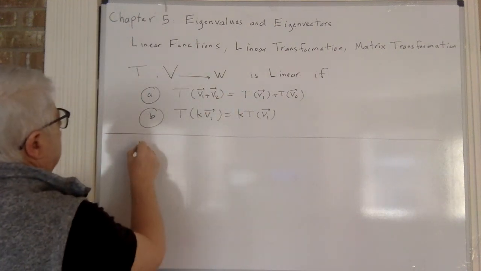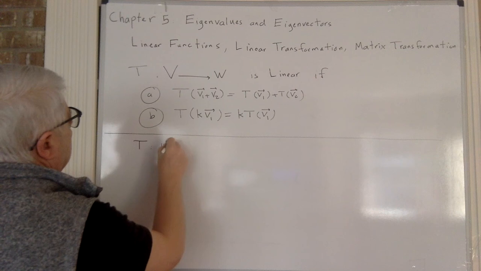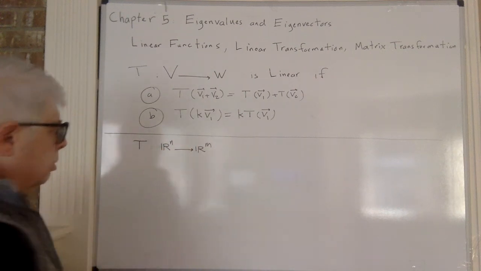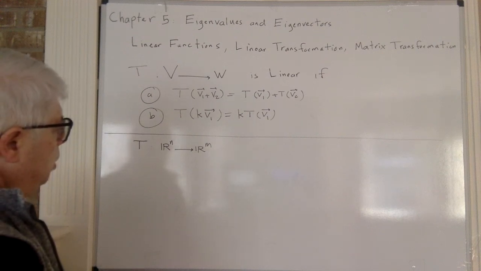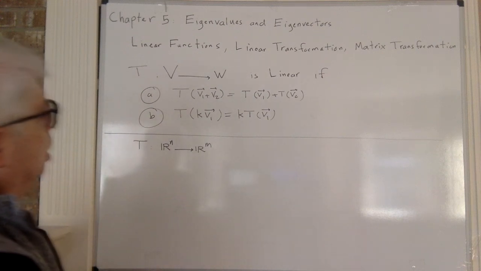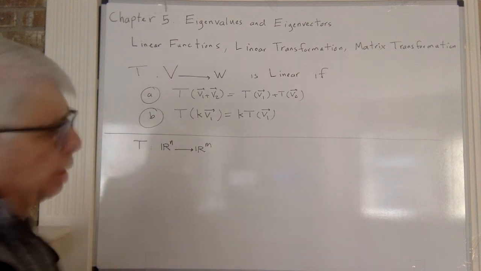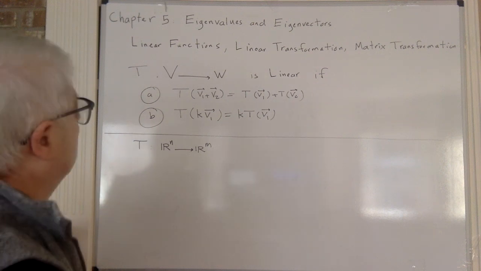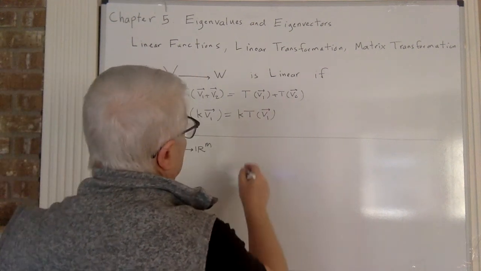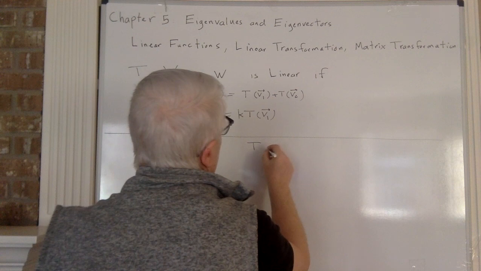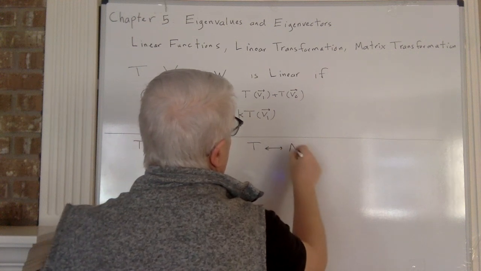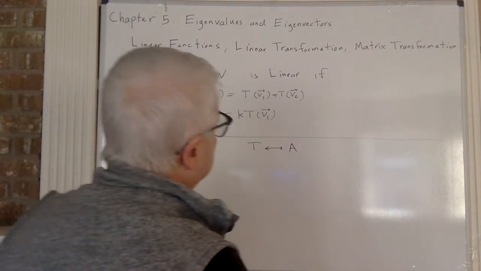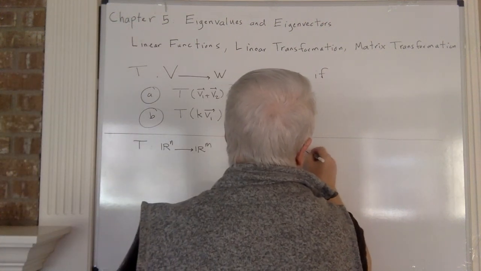So let's write T and let's write Rn to Rm. We know that this T, if it's linear, well, I can prove that, but let's just postpone that to some other time. So this T, in fact, corresponds to a matrix A, and that matrix A is an m by n matrix, right?